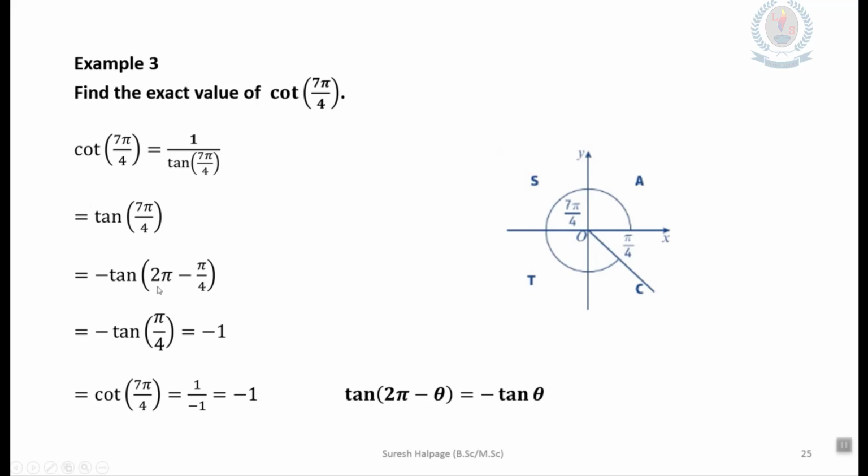The acute angle here is pi divided by 4, so tan 2 pi minus pi over 4 is minus tan pi over 4, which is minus 1. Substituting, 1 divided by minus 1 is minus 1.